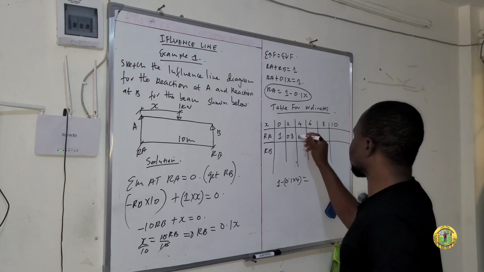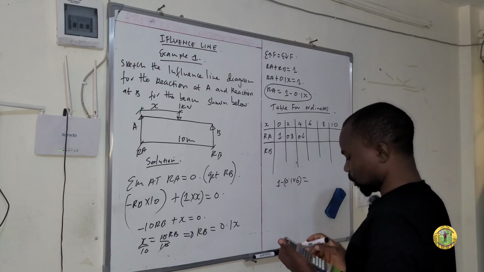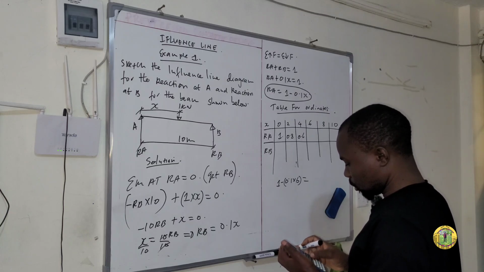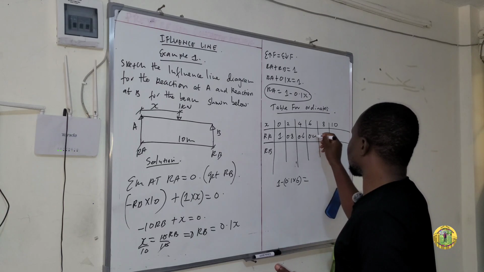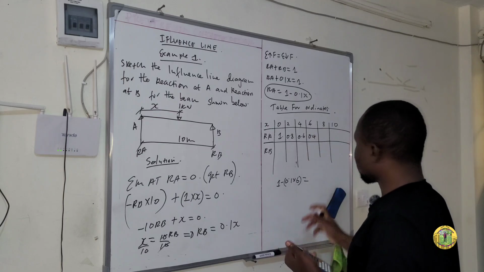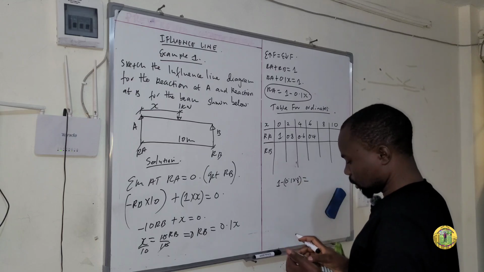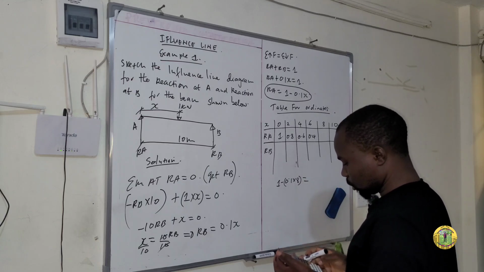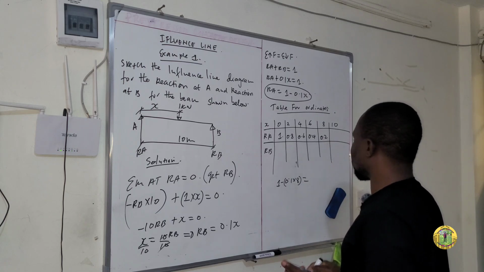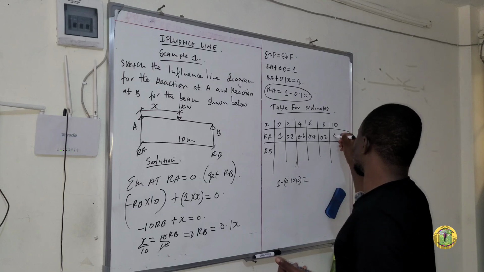So this is 0.6. Come here, replace with 6. This is 0.4. Then come here, replace with 8. 0.2. Then replace with 10. You will get 0.